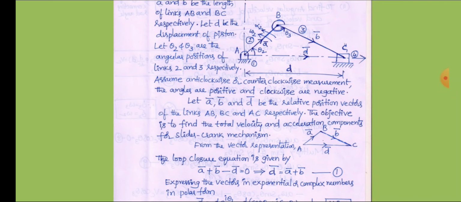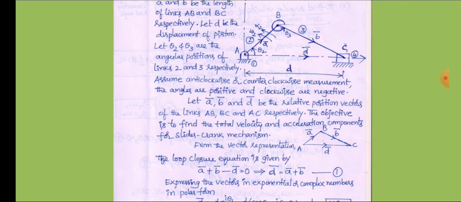So a into e power I theta 2 is the vector representation of a bar, which is a, the magnitude, into cos theta 2 plus I sin theta 2. But I cannot put this equal to a because theta 2 is not equal to 0. So let us keep it as it is.